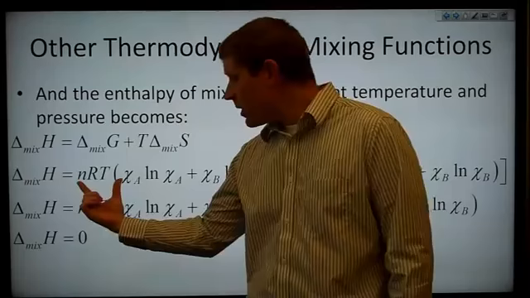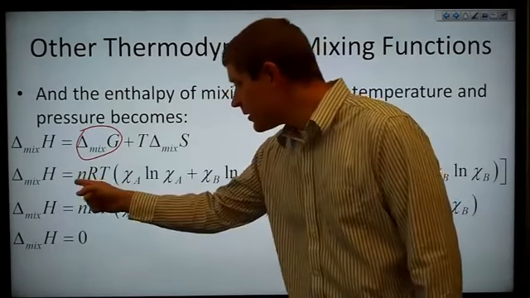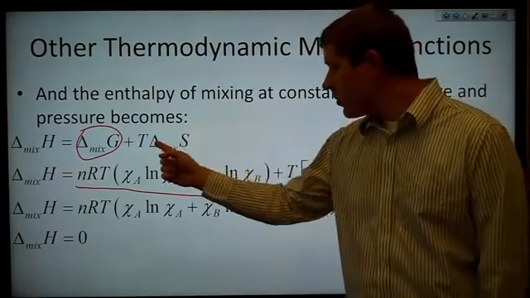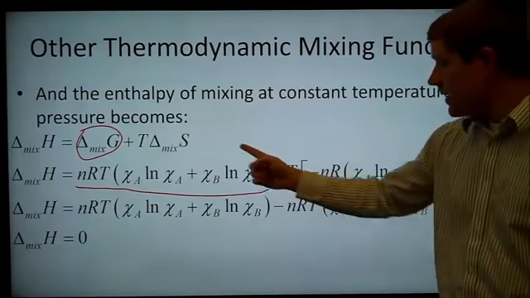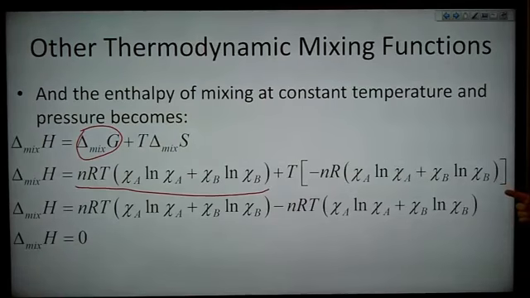And so now we know the Gibbs energy of mixing. So this is this value. And we know T is the temperature. And now we know the entropy of mixing is the stuff here in brackets.